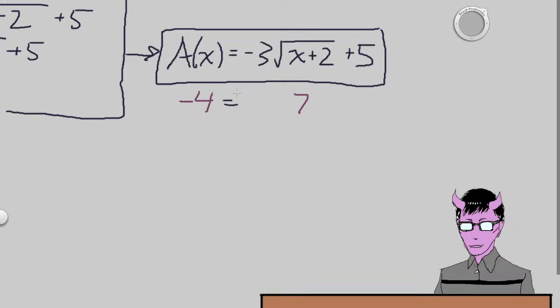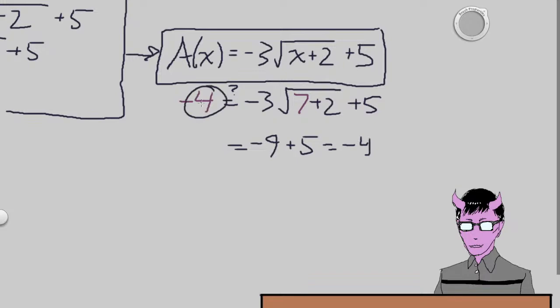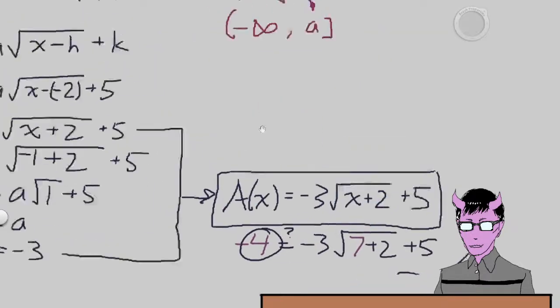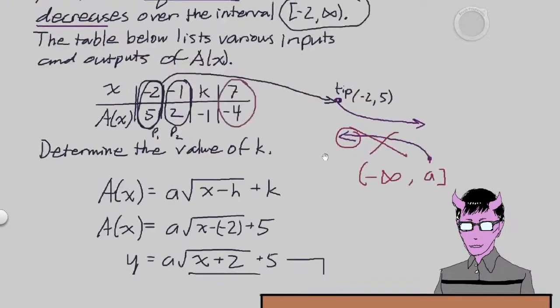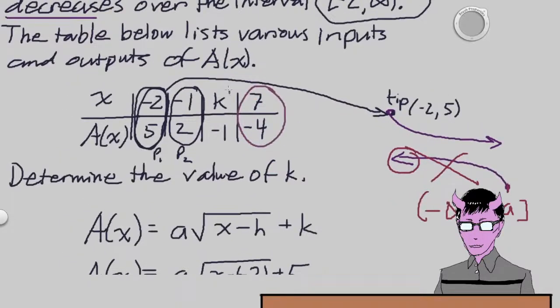So let us test our hypothesis. Alright. So this is going to be the square root of 9, which is 3. 3 times negative 3 is negative 9. Negative 9 plus 5 is indeed negative 4. So that pretty much confirms it. We have great confidence that this is the actual function for our situation. So good to go.